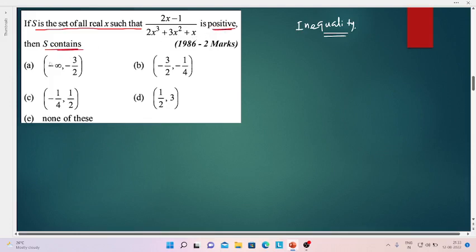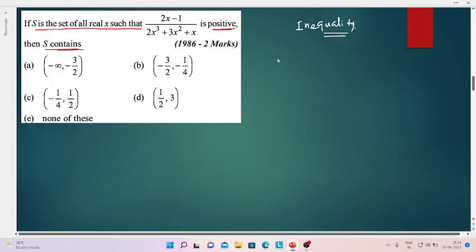Then S contains some interval. A is the open interval minus infinity to minus 3 by 2. B is the open interval minus 3 by 2 comma minus 1 by 4. C is the open interval minus 1 by 4 comma 1 by 2, D is the open interval 1 by 2 comma 3, and E is none of these.